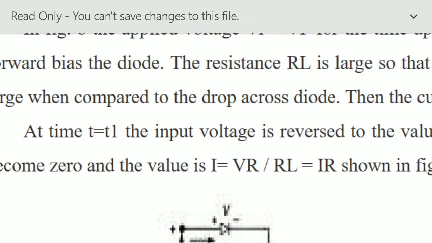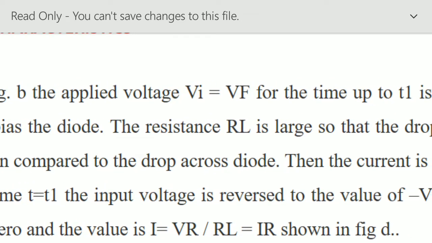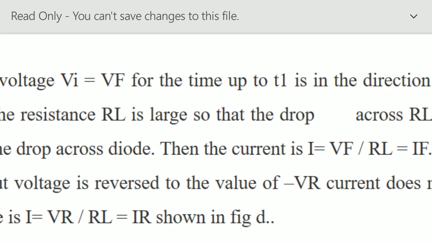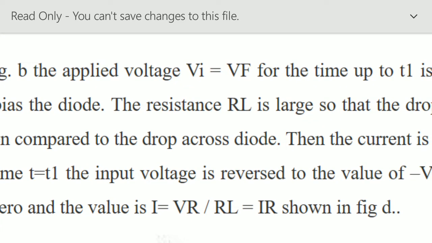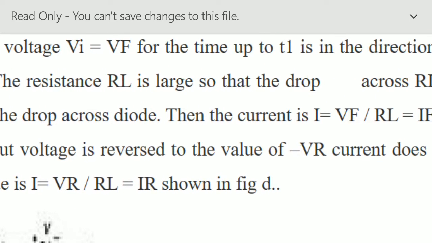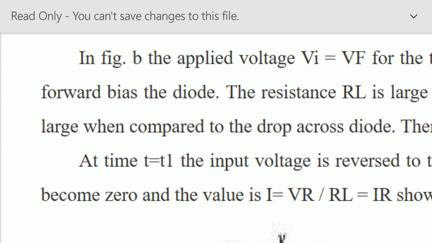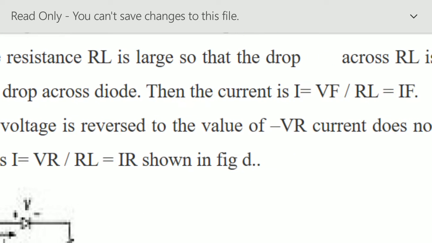Before that, in figure B, the applied voltage VI is equal to VF for the time up to T1, which is in the direction to forward bias the diode. The resistance RL is large, so the drop across RL is large compared to the drop across the diode. So the current I is equal to VF by RL, that is my forward current.